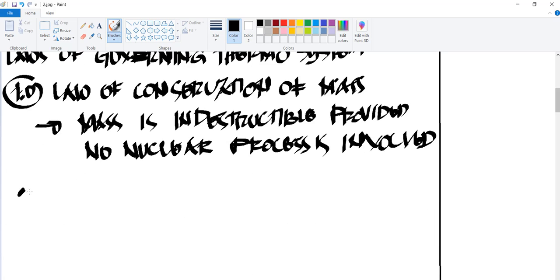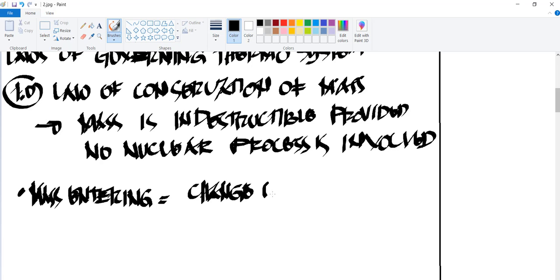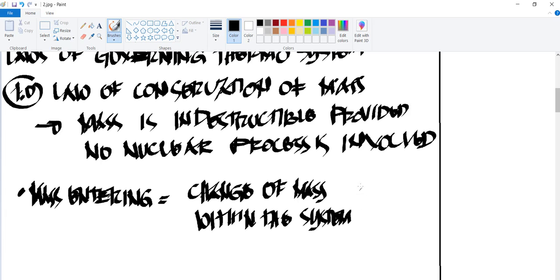Then we have the relationship that mass entering is equal to change in mass within the system plus mass leaving the system.